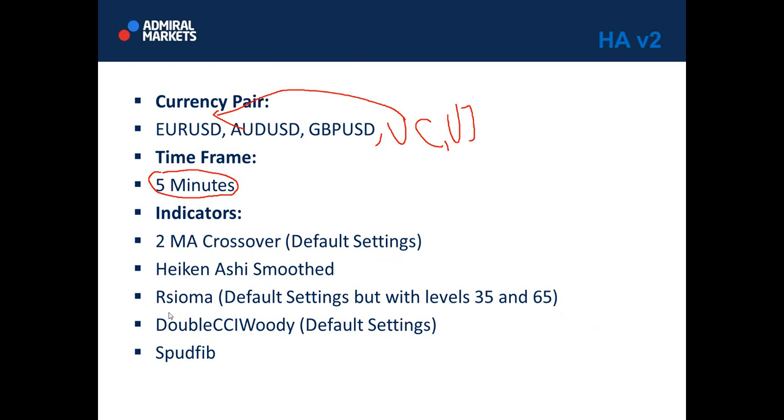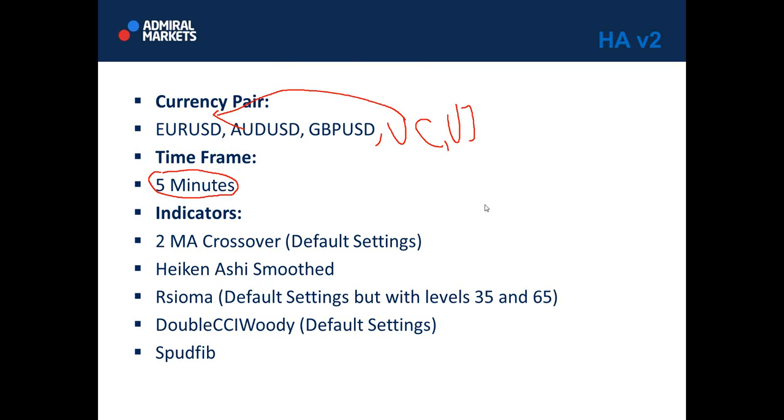So this is RSI of the moving average. Because we are using the 2 MA crossover, we also need to see the strength of those crossovers. So RSI of the moving average will be shown in the lower part of the screen. But we need to add two levels.